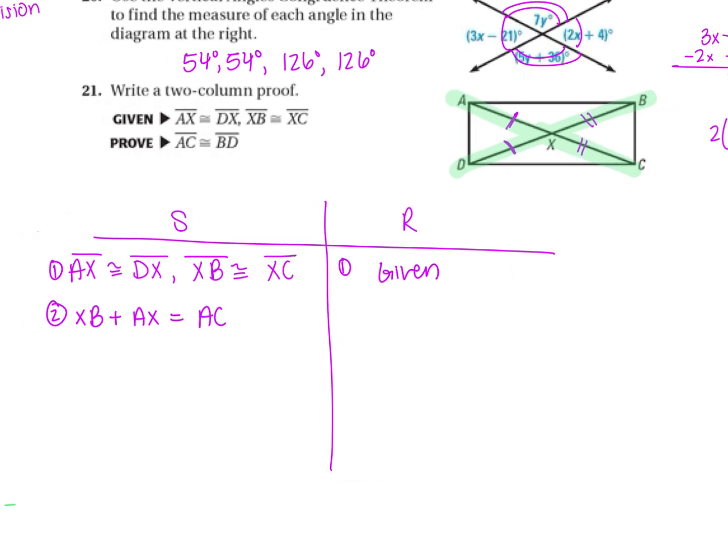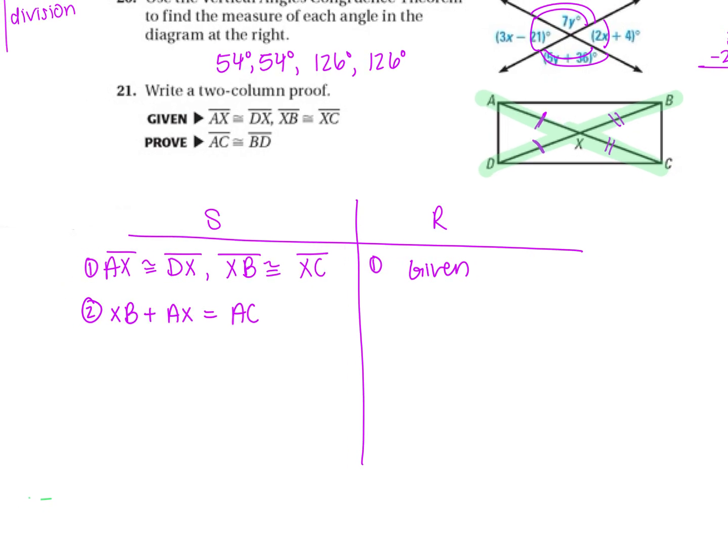Is it XB? No, it's not XB. Let me change that. It's XC plus AX equals AC. I could also say DX plus XB equals DB, or BD, we'll do BD because that's how it's written. And this is the segment addition postulate.